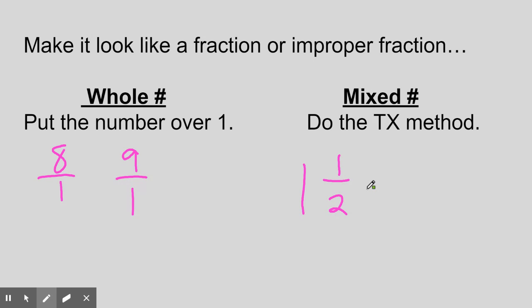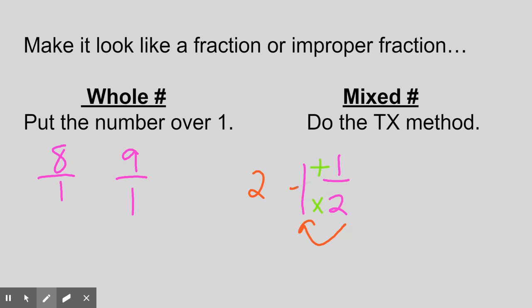Now, if you forget how to change this, use the Texas method. Remember, we live in Texas, so the abbreviation is TX. Watch. We have to use addition and multiplication to convert this. So I start here at the bottom. I do 2 times 1, which gives me 2.